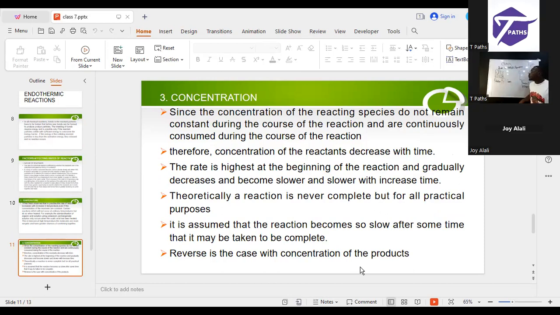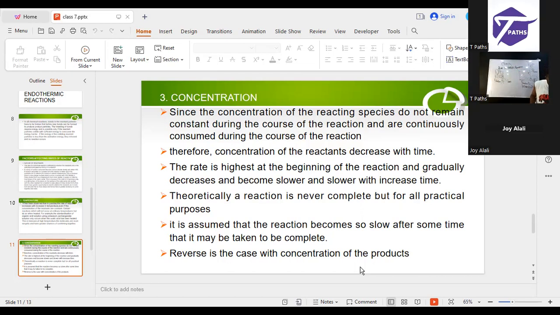The reaction rate is always highest at the beginning of the reaction, when the concentration is high, and it gradually decreases, becoming slower, because the reactant is consumed.